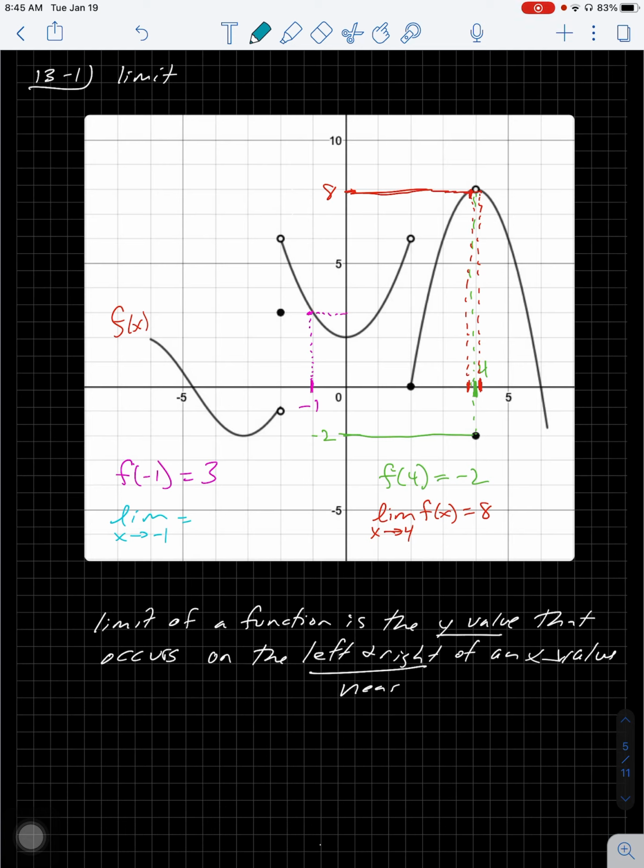Well, that means just a little on the left and a little on the right. Well, look, they're still pretty close to 3. So this is also 3. So the limit is not necessarily different than the value at the point. It can be, but it doesn't have to be. But every time I say limit, you're going to look a little to the left and a little to the right.